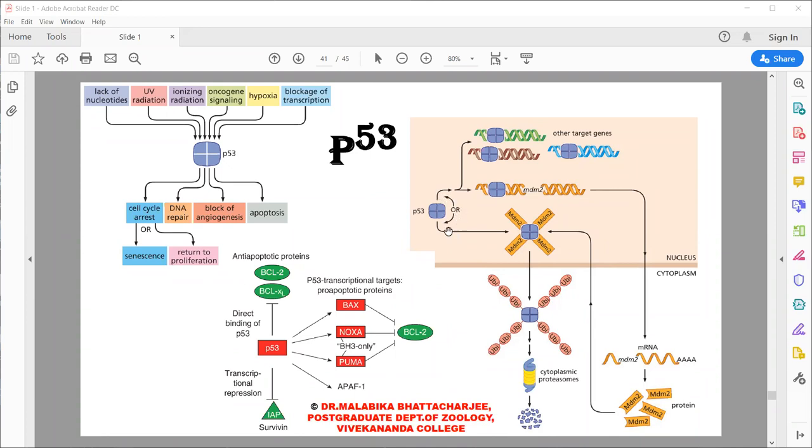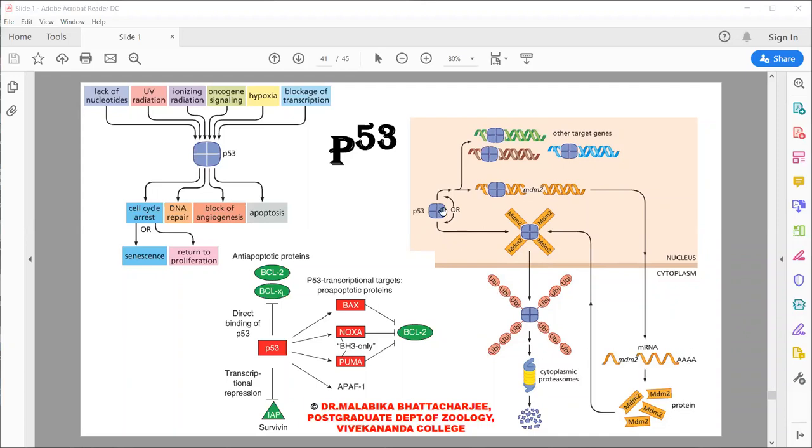Look here, if the p53 has suddenly increased, but there is no MDM2, p53 can also help in transcription of the MDM2 protein. So you can see it sits on the promoter element of the MDM2 gene, allowing MDM2 RNA synthesis and MDM2 protein synthesis.